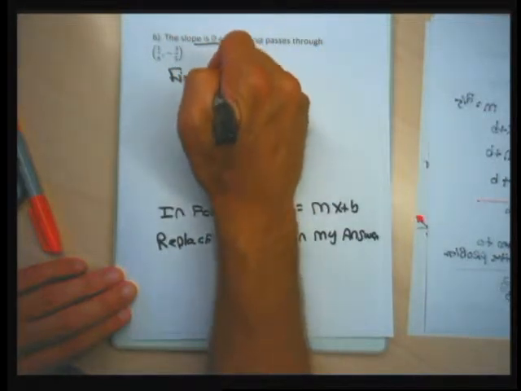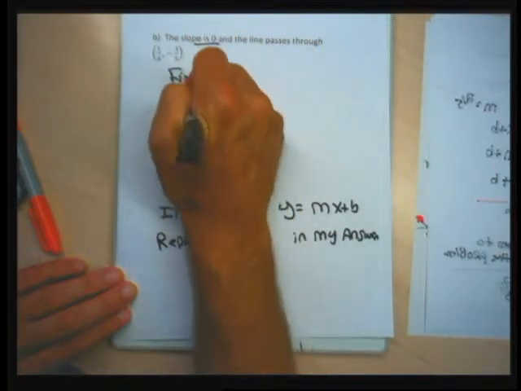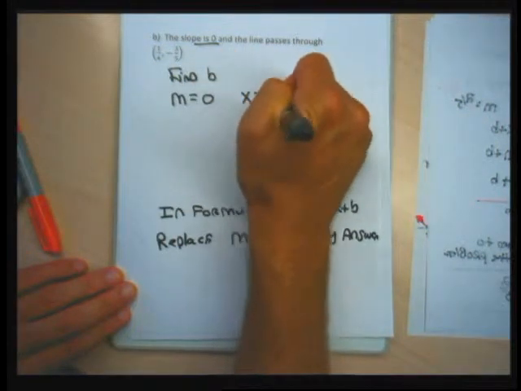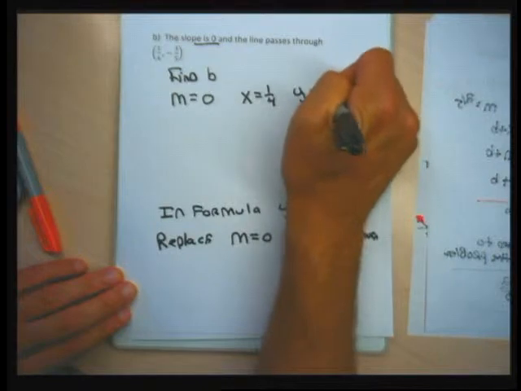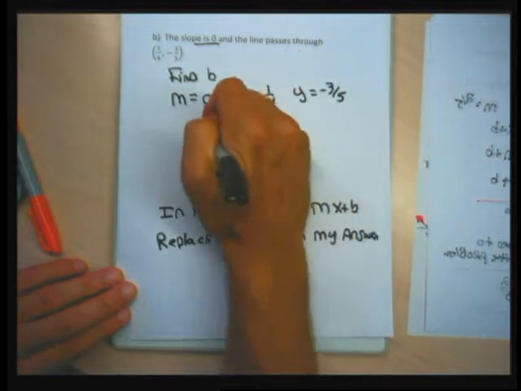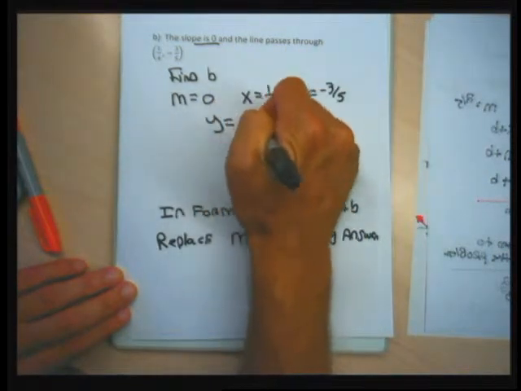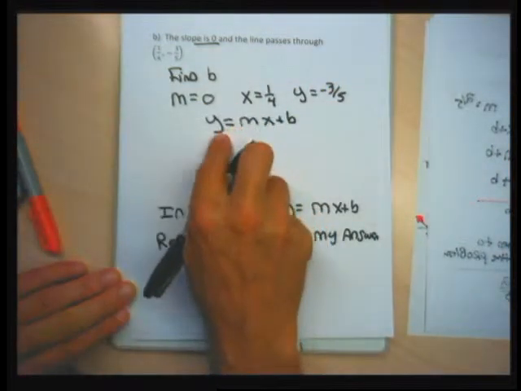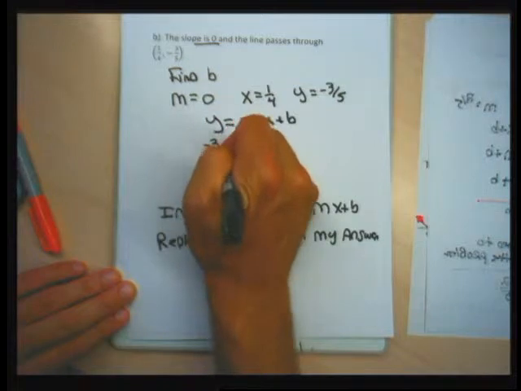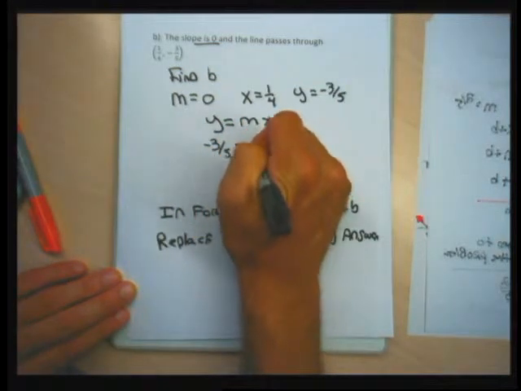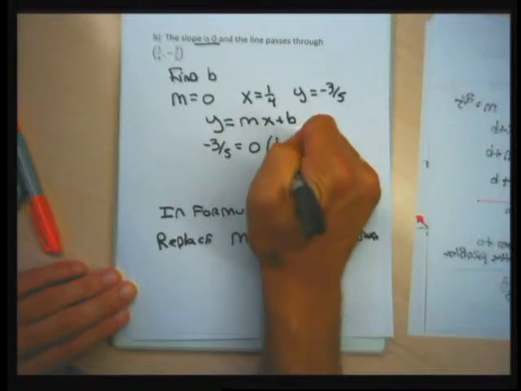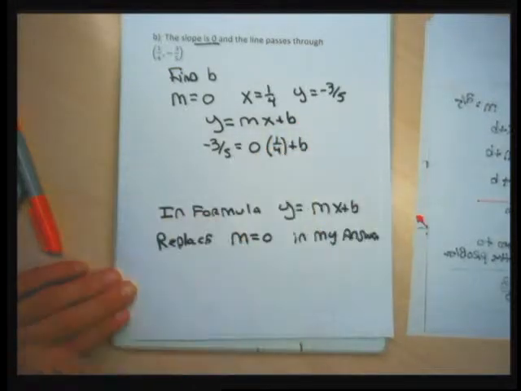So I'm going to find my b by letting m equal to 0, x equal to 1/4, and y equal to -3/5. I'm going to take those three numbers just like I did in the last problem and plug them into the equation y equals mx plus b. So for the y, I'm going to go -3/5. For the m, I'm going to plug in a 0. For the x, I'm going to plug in 1/4, and I'll leave the plus b alone.